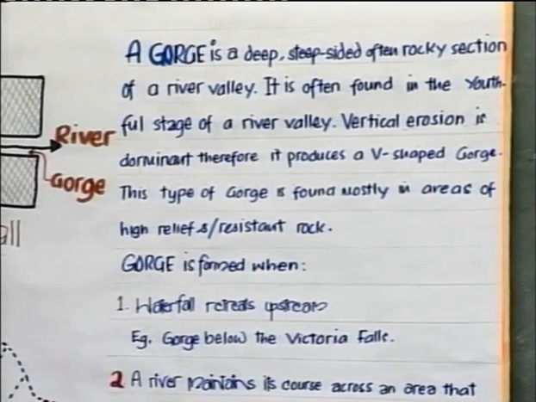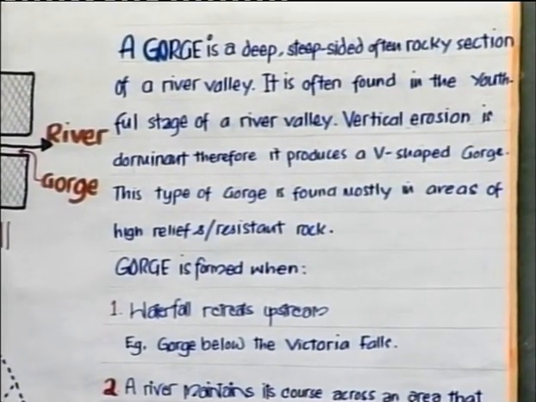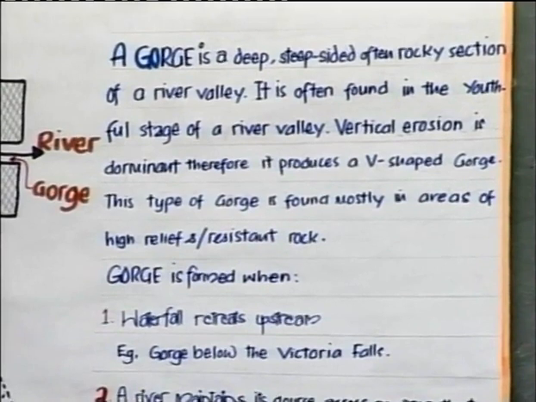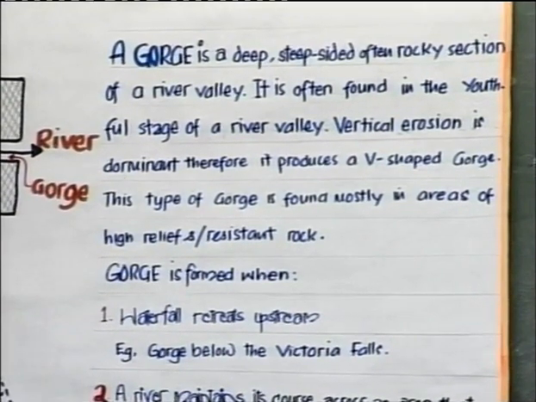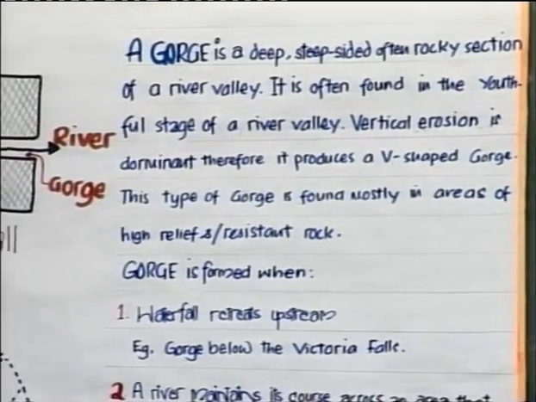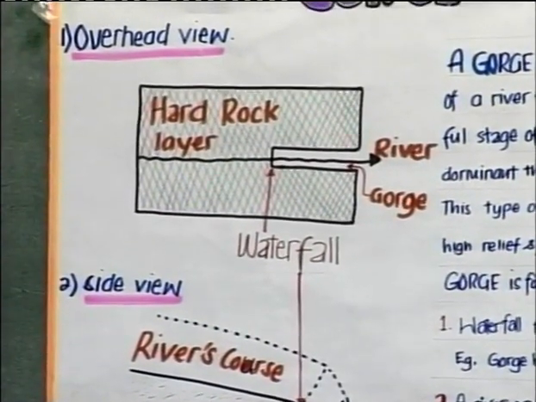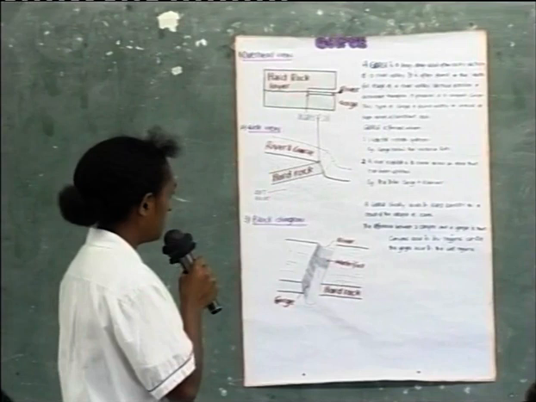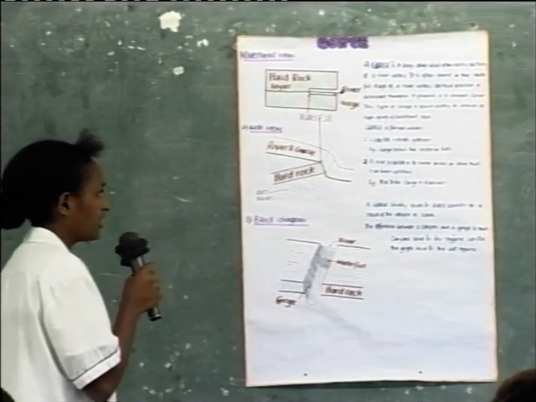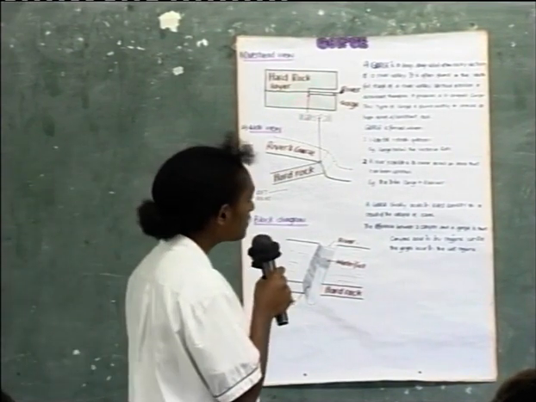This type of gorge is found mostly in areas of high relief and resistant rocks. I'll be explaining how a gorge is formed.